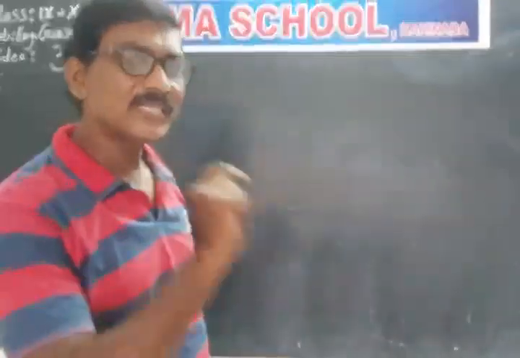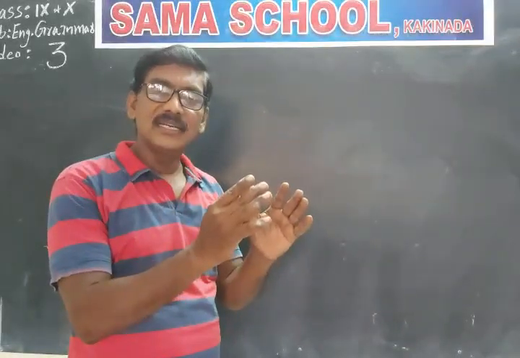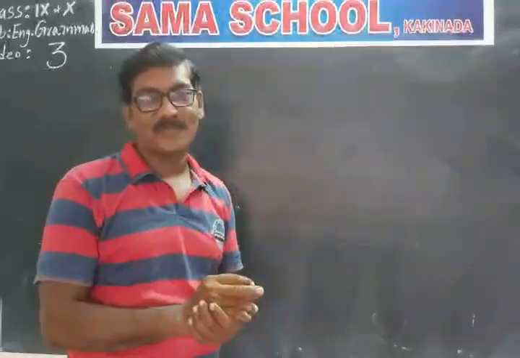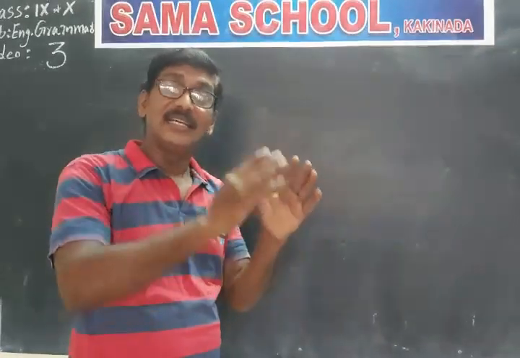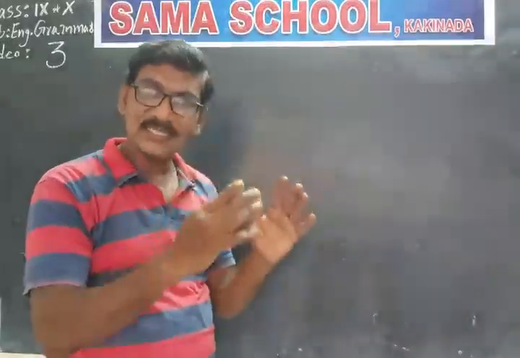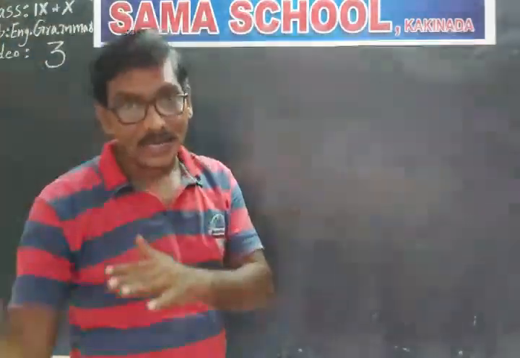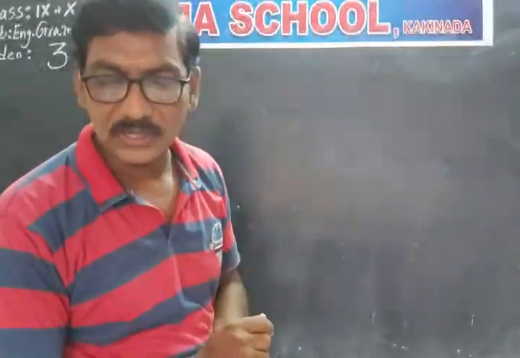But why do we call it a clause? Because a sentence is independent, but a group of words in a sentence that is combined with some other sentence, that means a part of a full sentence, is called a clause.